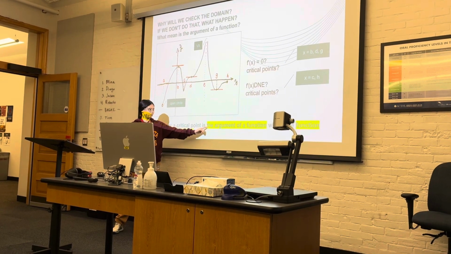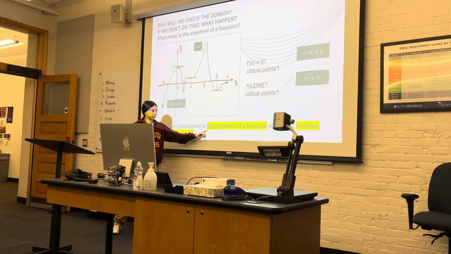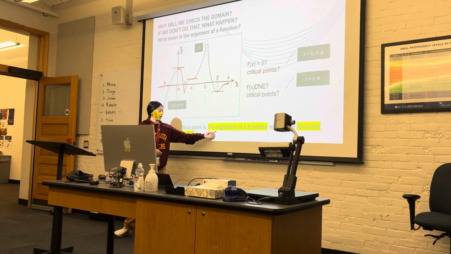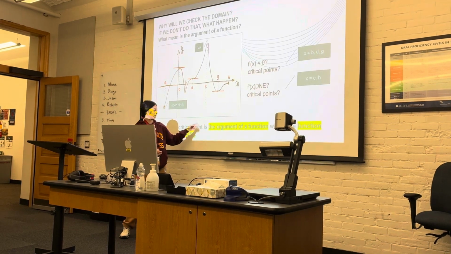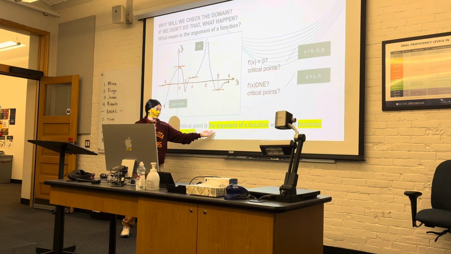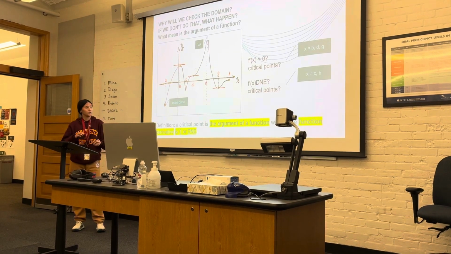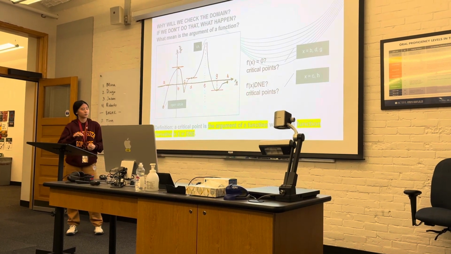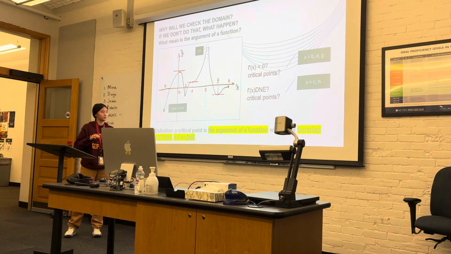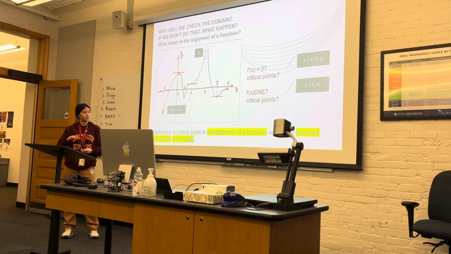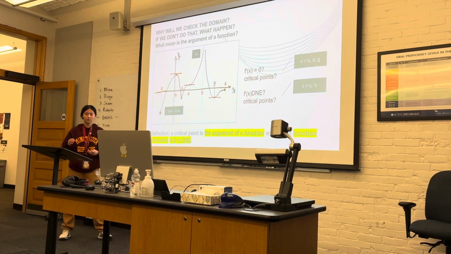So this is the first important information. I explained that before. Argument, not the whole point, not x comma y, it's just x. It's a number. So sometimes we say you will find critical points, and sometimes the question says you will find the critical numbers. So it's the same.